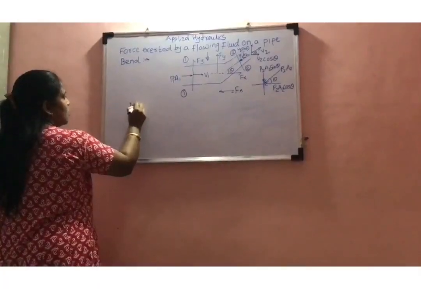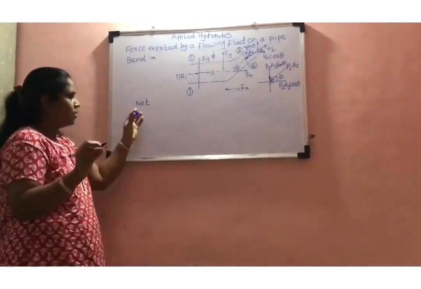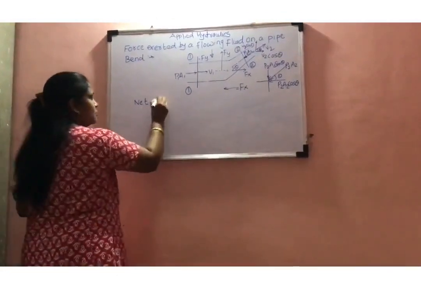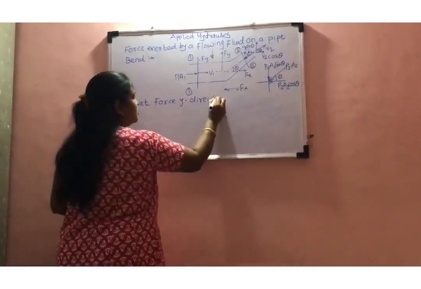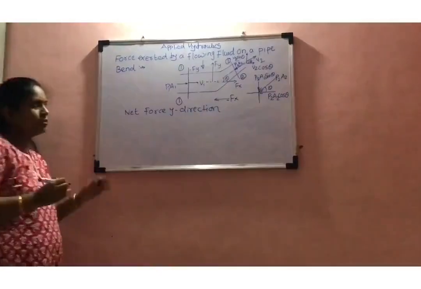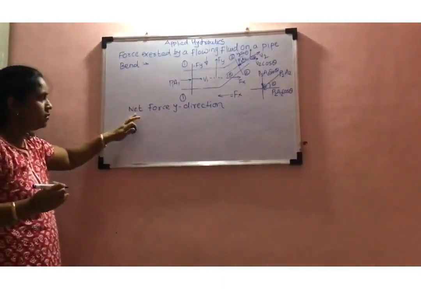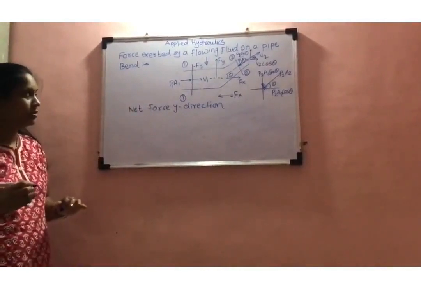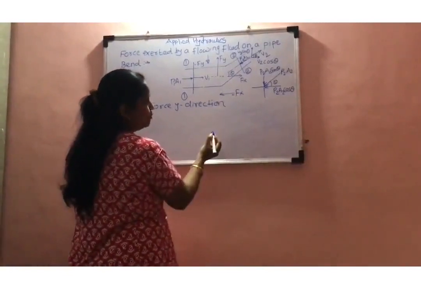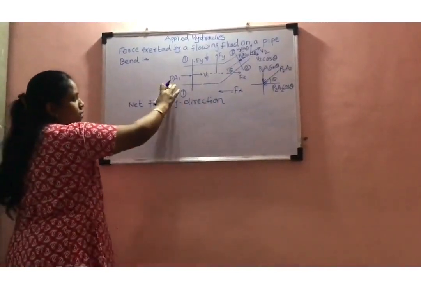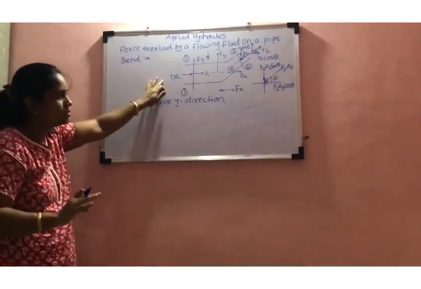Now, after finding the net force along the x direction, we are going to find the net force along the y direction. So, according to the impulse momentum equation, consider the net forces along the y direction. See here, how many forces are acting along the y direction? P1 A1 is only along the x direction, so here it becomes 0.